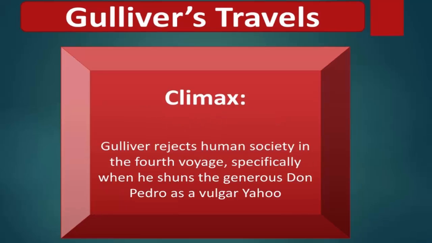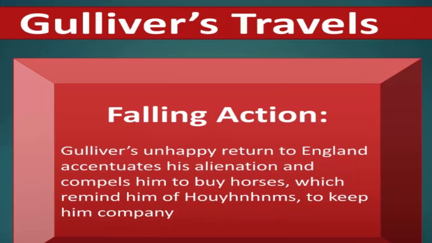Climax: it happens when Gulliver rejects human society in the fourth voyage, specifically when he shuns the generous Don Pedro as a vulgar Yahoo. Falling action: Gulliver's unhappy return to England accentuates his alienation and compels him to buy horses which remind him of Houyhnhnms to keep him company.